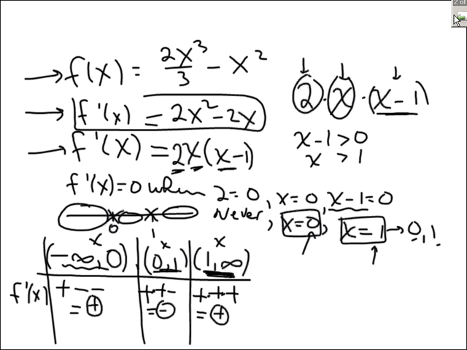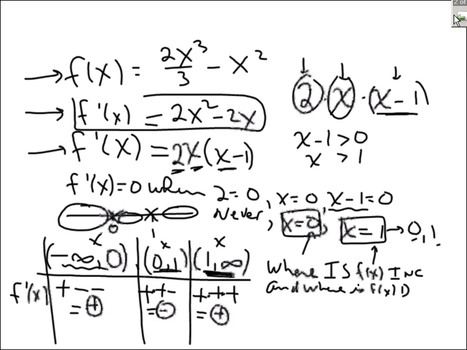So a question might be, and this should have been what I asked at the beginning: where is f of x increasing, and where is f of x decreasing? Well, it's increasing when the first derivative is positive.